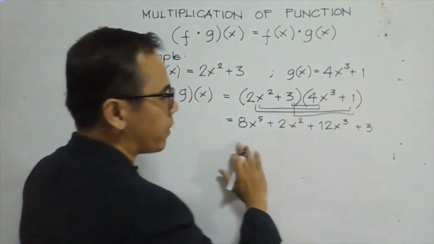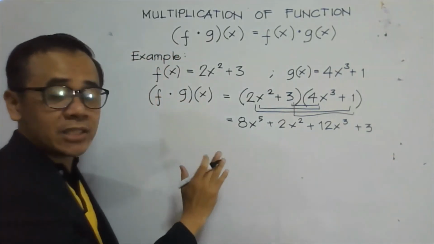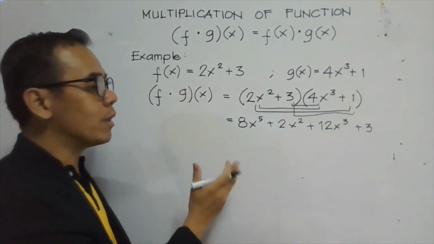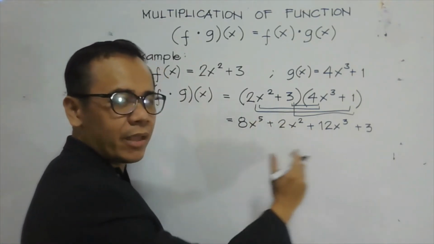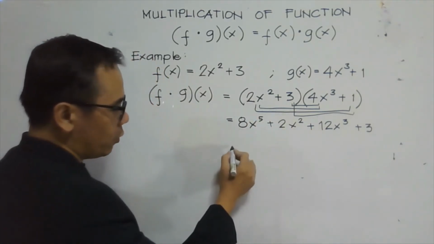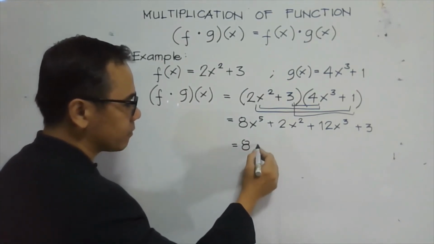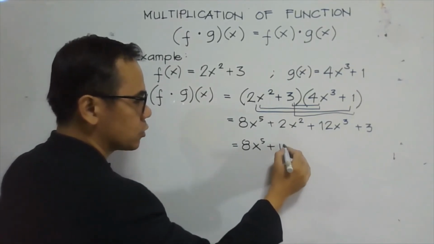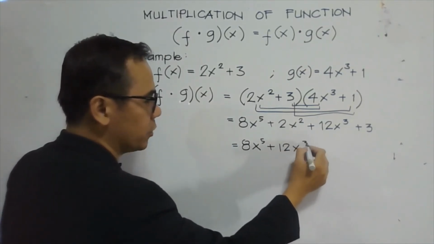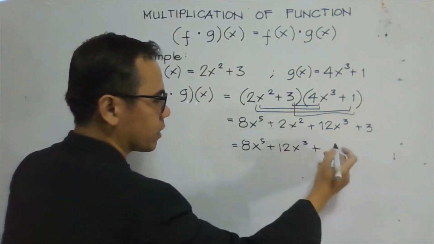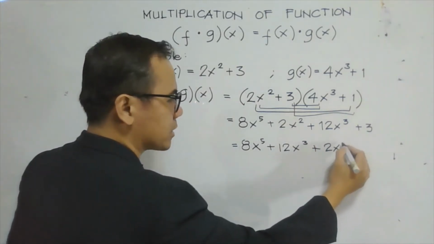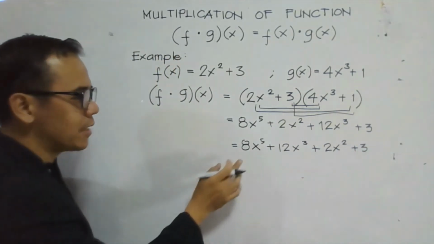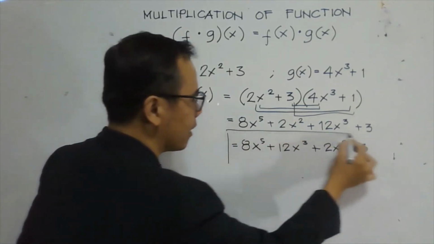Looking at the expression here, we do not see any similar terms that we can combine. But to have our final answer, we have to arrange the exponents in a descending order. So here we have to write first 8x to the fifth plus 12x cubed plus 2x squared plus 3. This is now our final answer.